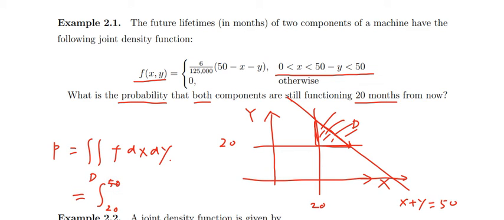So just from 20 to 30 for dx, and then for dy, y goes from 20 to 50 minus x. Then f(x,y) dx dy. So this is just a double integration.